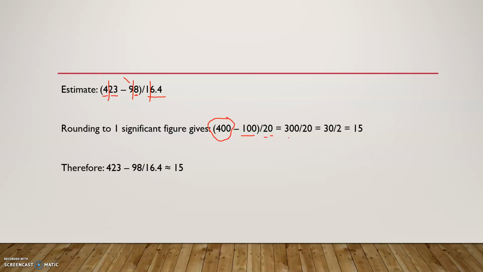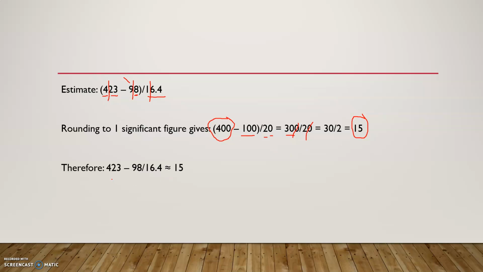Now if we simplify this, 400 minus 100 will be 300, divided by 20. Now we can cancel out this 0 with this 0, and if we divide 30 by 2, that will be 15. So this is the exact answer.